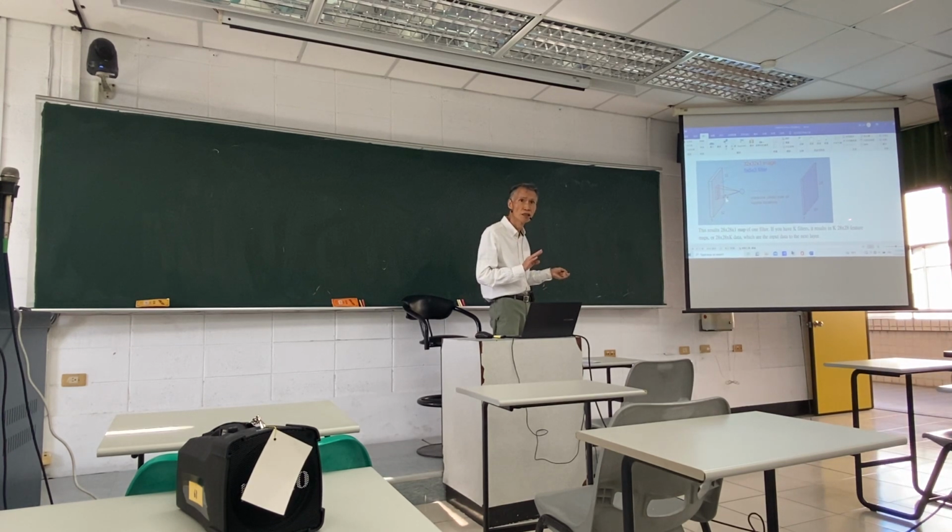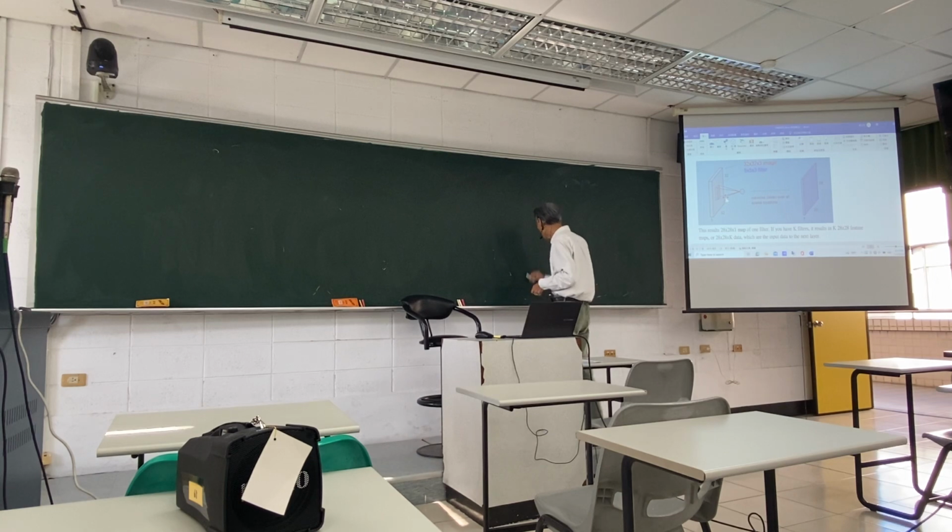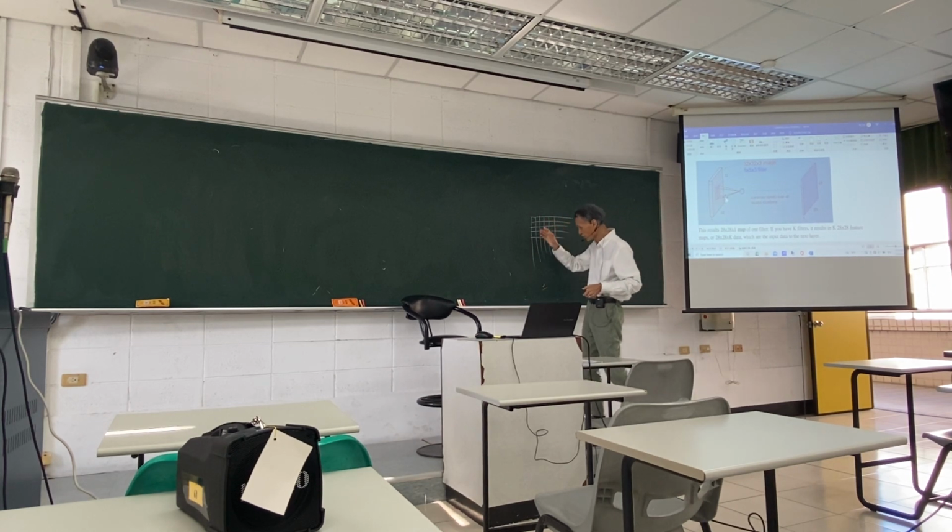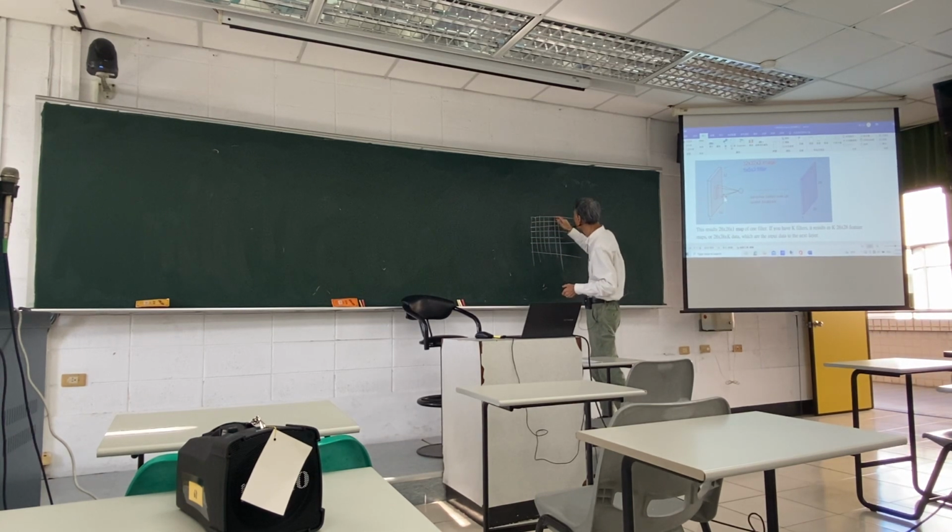Why is that? Okay, if we have a 32 by 32 image, initially we need to start from here, okay?